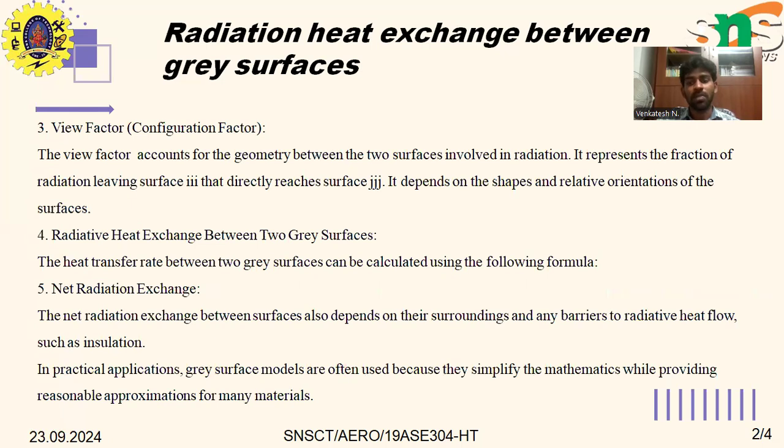It depends on the shapes and the relative orientations of the surfaces. The heat transfer rate between the two gray surfaces can be calculated using the formula, and the net radiation exchange between the surfaces also depends on their surroundings and barriers to radiative heat flow such as insulation.